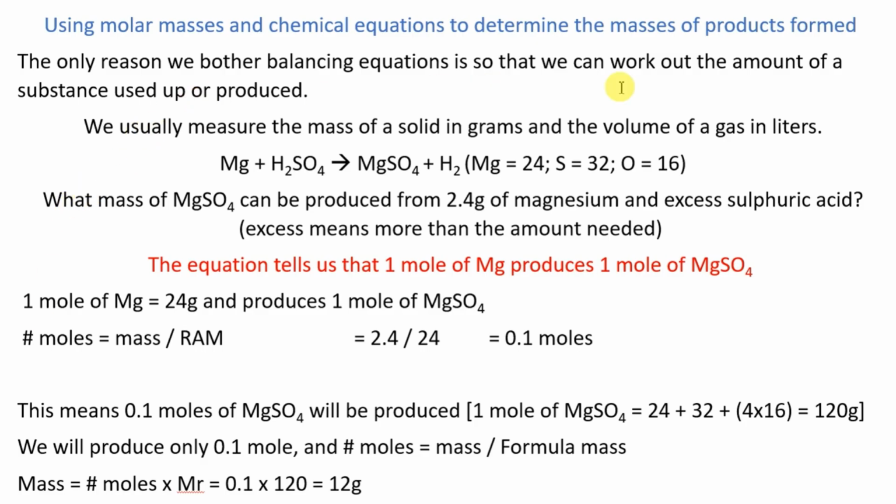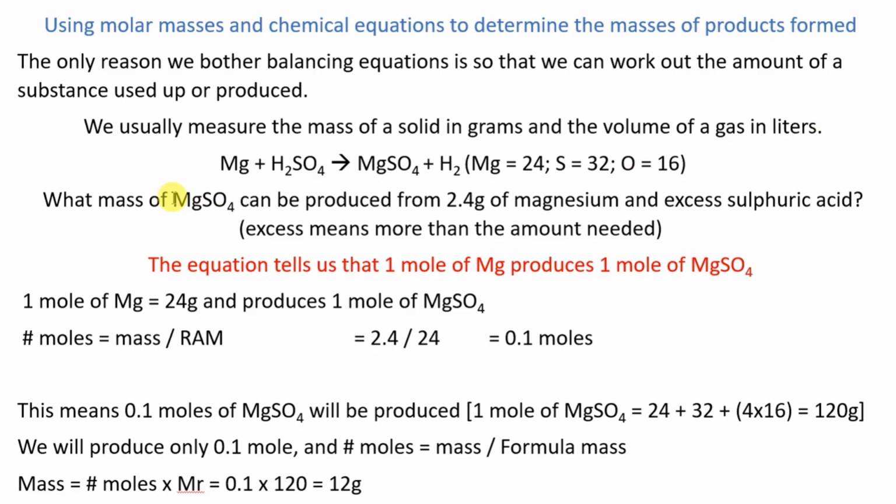Using molar masses and chemical equations to determine the masses of products formed. The only reason we bother balancing equations is so that we can work out the amount of substance used up or produced. We usually measure the mass of a solid in grams and the volume of a gas in liters.